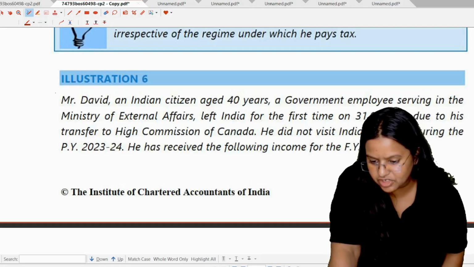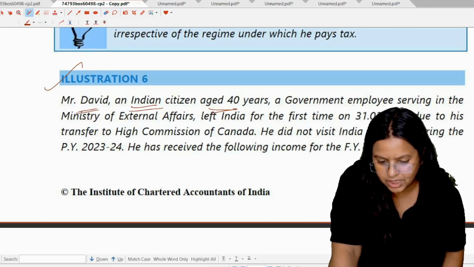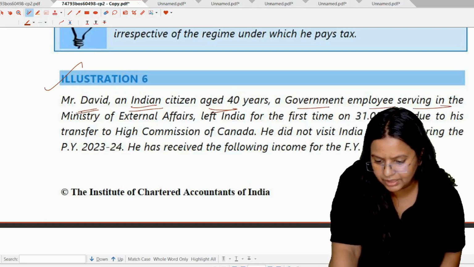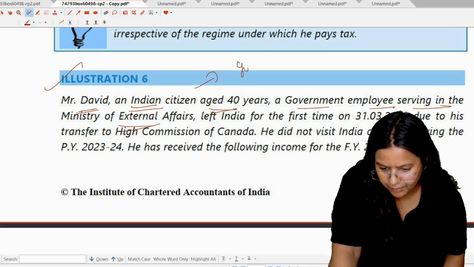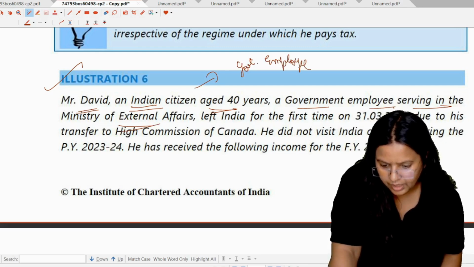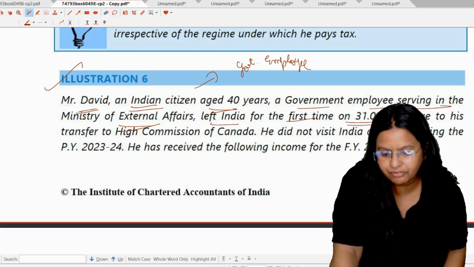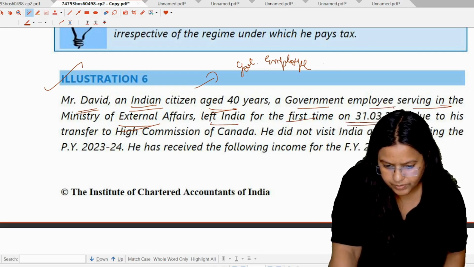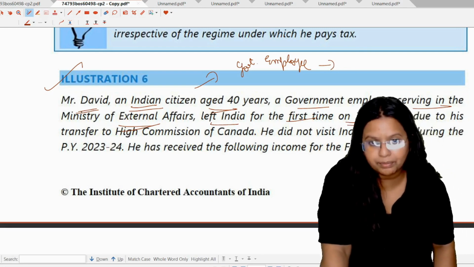So next is illustration number 6. Mr. David, an Indian citizen, aged 40 years, a government employee serving in the Ministry of External Affairs, left India for the first time on 31st March 2023 due to his transfer to the High Commission of Canada. To date, he is outside India for employment purposes, sent by the government.